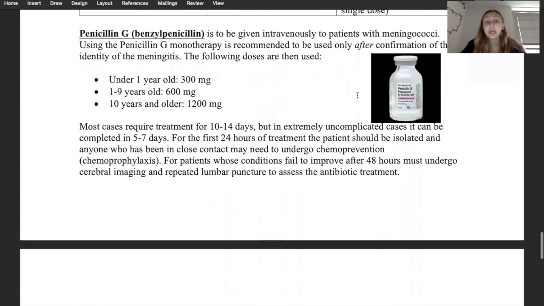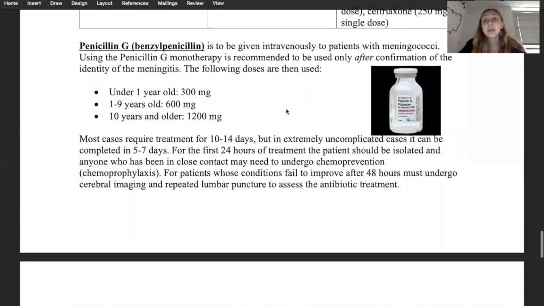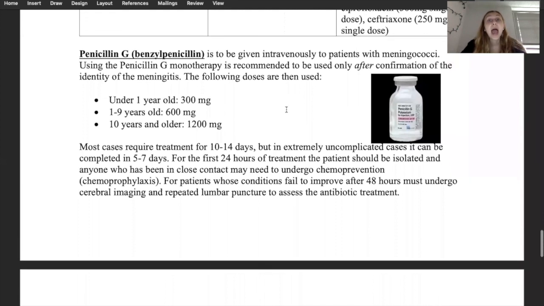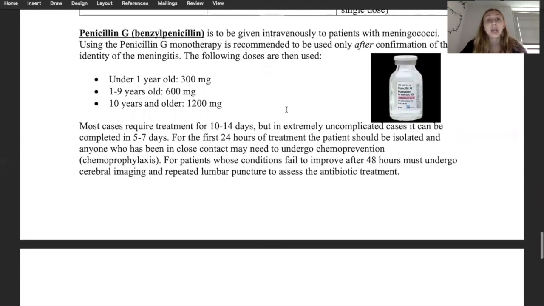A common therapy is penicillin G, and it's given intravenously. If it is to be used on its own, as a monotherapy, that's recommended only after the confirmation of the identity of meningitis. It can be used in conjunction with other antibiotics before then, but to be used on its own, it should be after we know what is causing the meningitis.